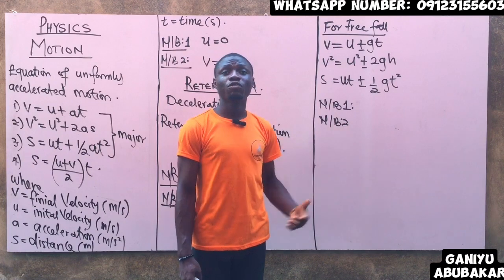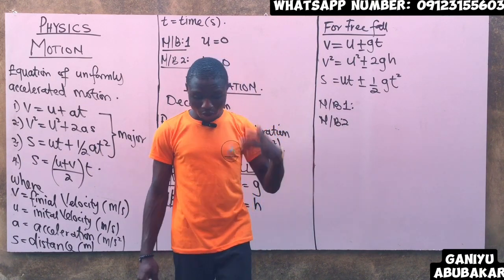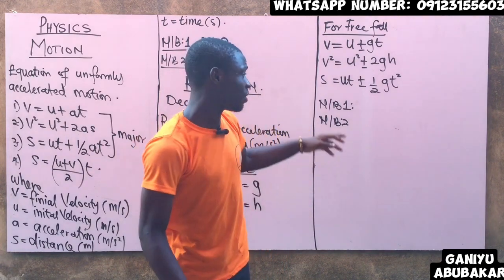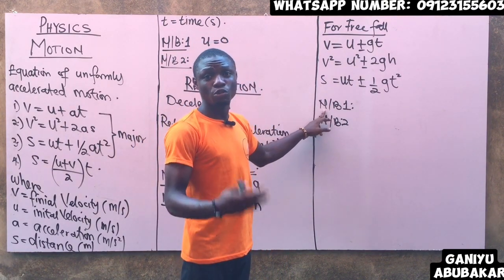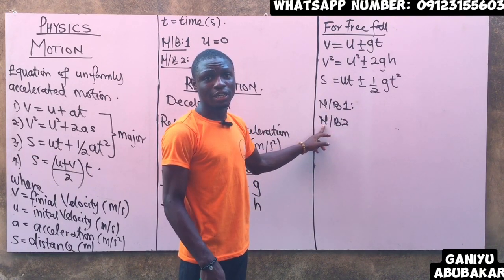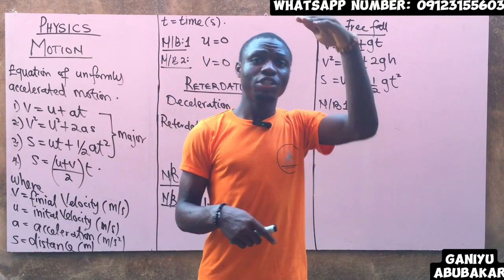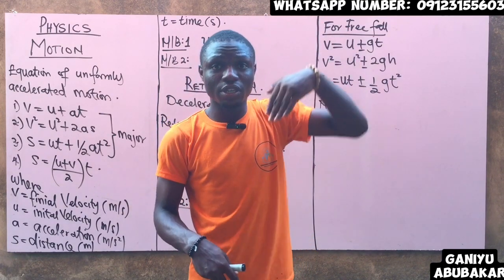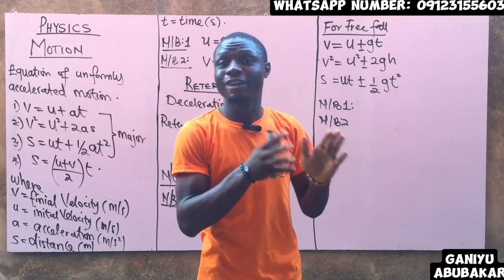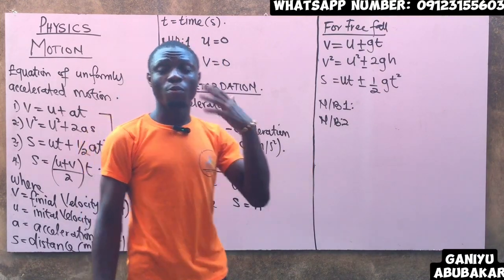Whenever a body is moving upward, against gravity, you use the negative sign. The reason I'm using the positive sign for case one is that it is motion towards gravity. The reason I'm using the negative sign for case two is that it is motion against gravity. Whether downward or upward, it is still vertical motion for free fall, so either moving up or down is the case.